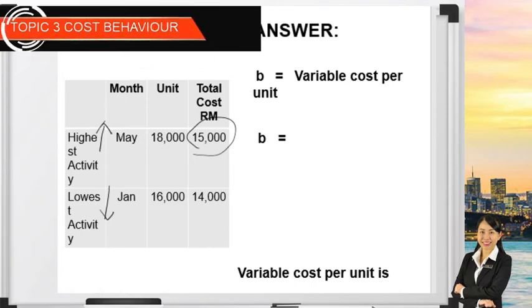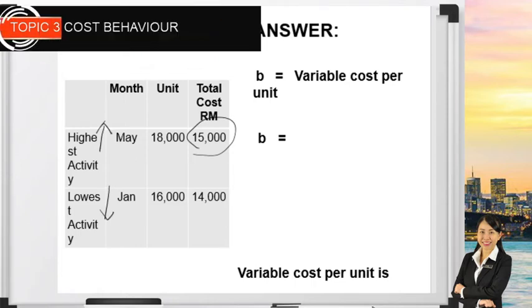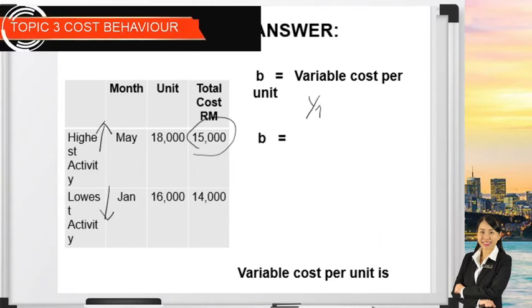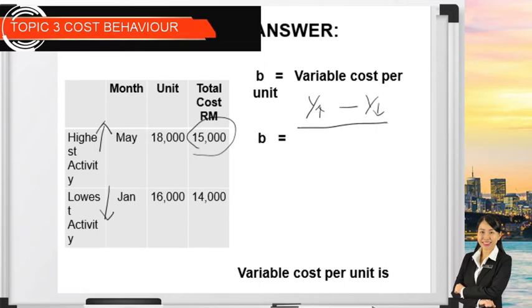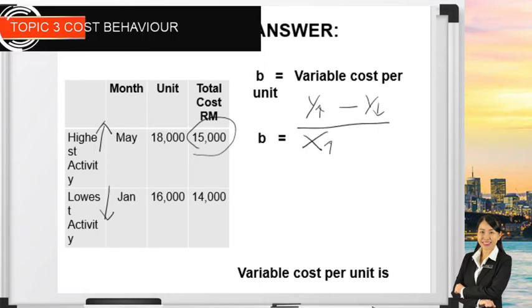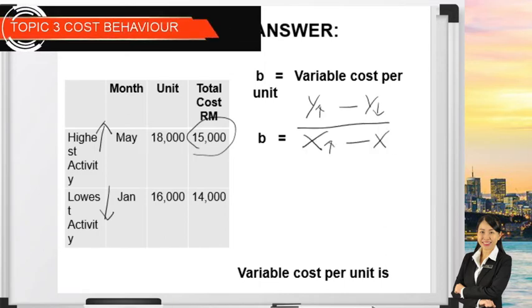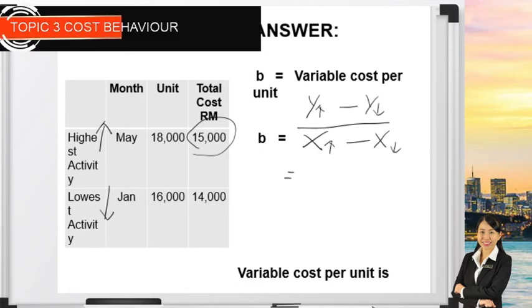Our formula is y highest minus y lowest, divided by x highest minus x lowest. All this data we take from this table that we already highlighted.